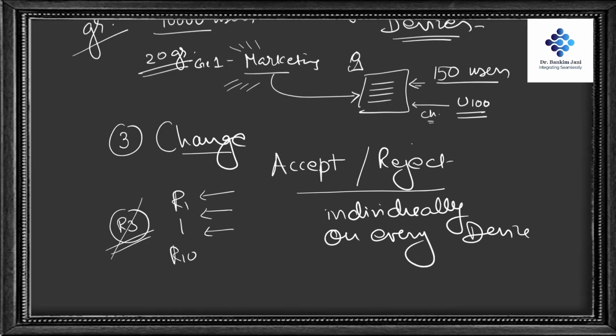In the same way over here, we should be able to decide whether these configuration changes should go to every device or not go to any specific device. That is the ability to accept or reject these changes.